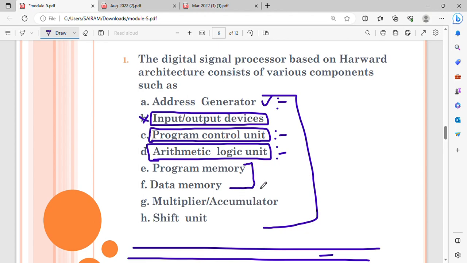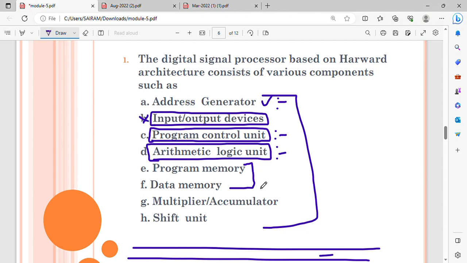Now, we have to write about program memory and data memory first. Before writing your address generator, you are supposed to write it. You are supposed to say with respect to the Harvard architecture, your program memory and data memory are separate.